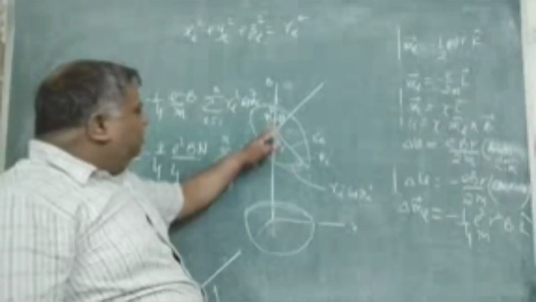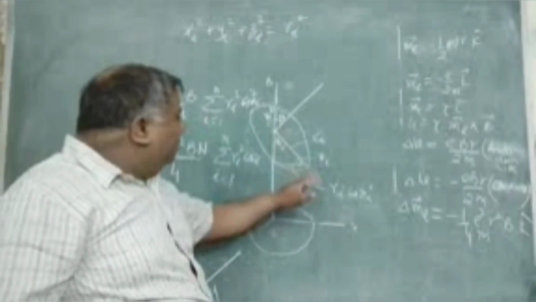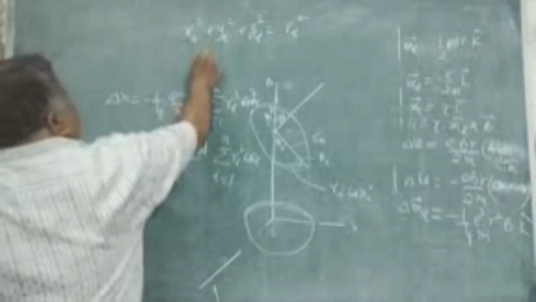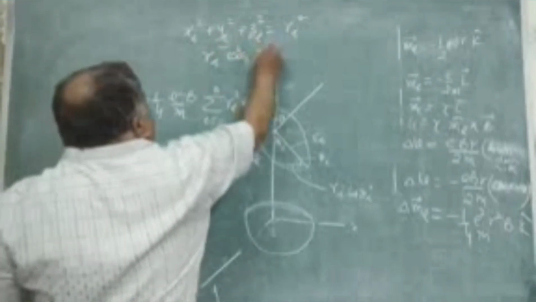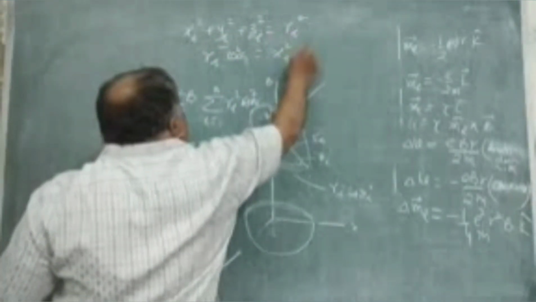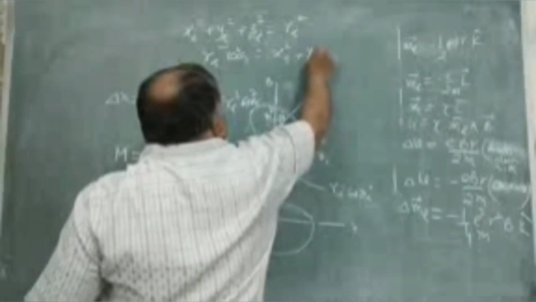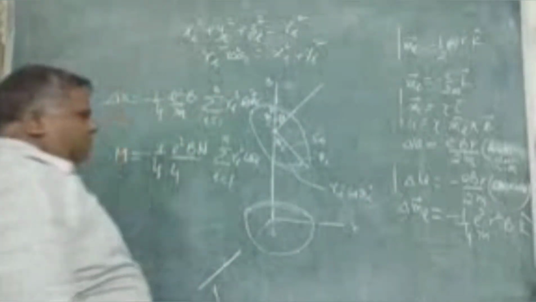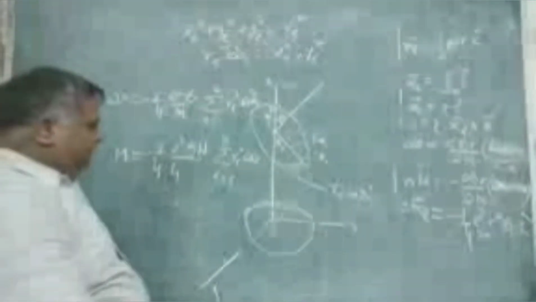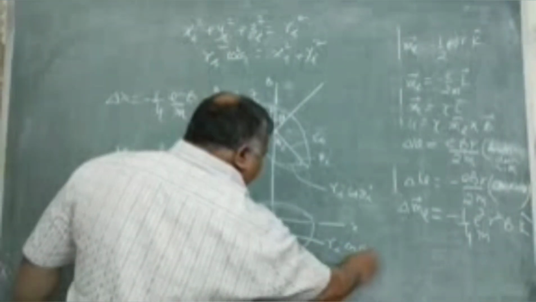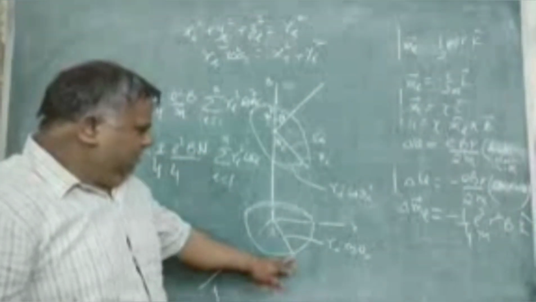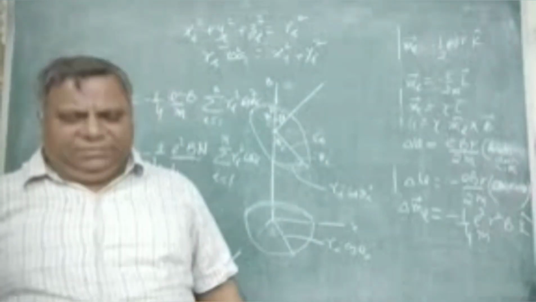And because this is the z axis and this is Ri cos theta i, we have Ri cos theta i square equal to xi square plus yi square. This is the radius of this circle.